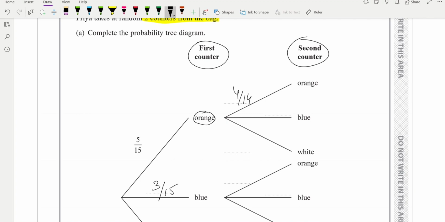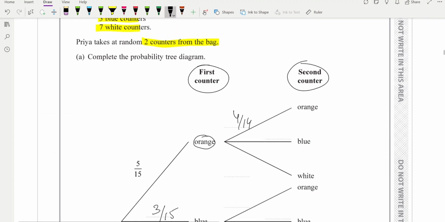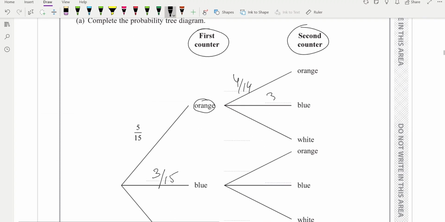And blue is not gone in this section, orange is gone, so blue are the same, which are basically 3 blue, so it will be 3 out of 14. And white is also not gone, and there are 7 white counters, so we can write 7 out of 14 over here.